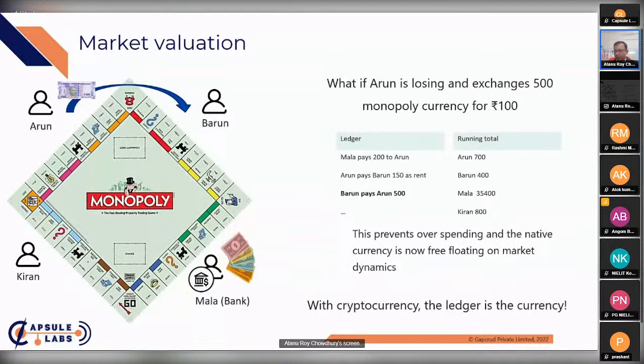So it's not a number; it is the sum total of all the transactions in my ledger, right? So that is very, very important, because with cryptocurrency, the ledger is the currency. So instead of actually giving you a token, I'm going to give you a history of that entire token, right?